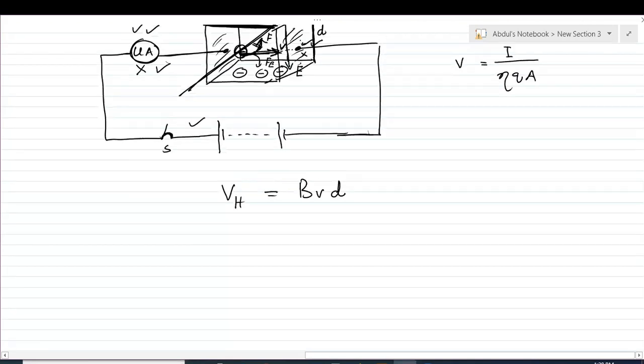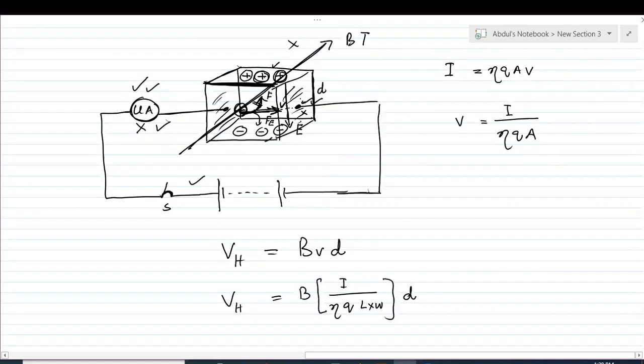Now, for Hall voltage in this case, the drift velocity formula is I divided by nQA, and the area is width times thickness. So we have to calculate the area. Look, the face which is carrying the current. So this is the thickness t and this is the d.